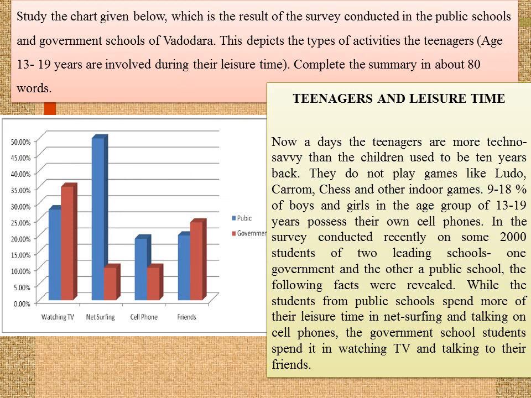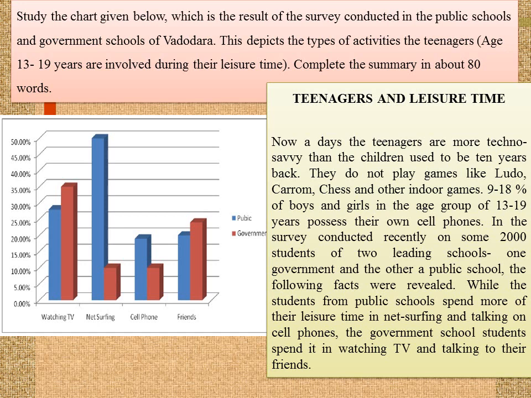Now, here is a bar chart representing the time spent by teenagers on leisure. Nowadays, teenagers are more tech savvy than children used to be 10 years back. So, if you look into this, it shows how they have molded and changed through the years. Now, chess and other indoor games were taken up previously.